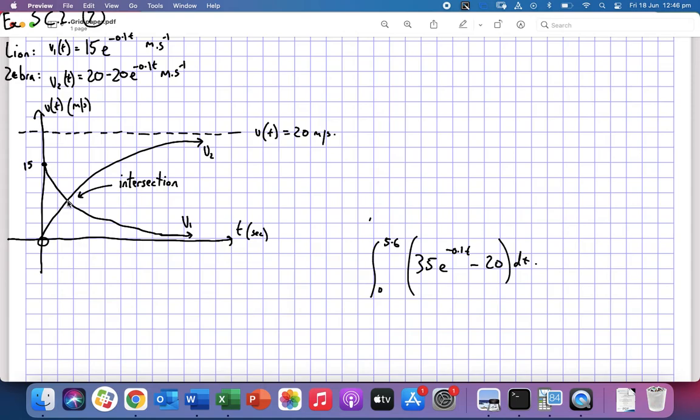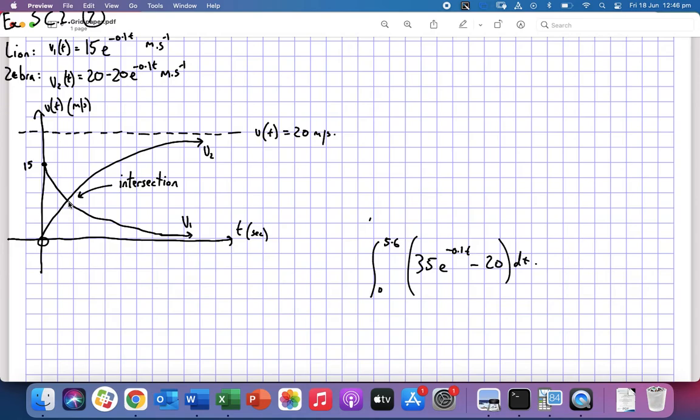So all the way up to the point of intersection, the lion's catching the zebra. We've gone out to that point and we've figured out that the difference in distances covered was 38 meters. So the lion therefore got to within about 2 meters of the zebra.